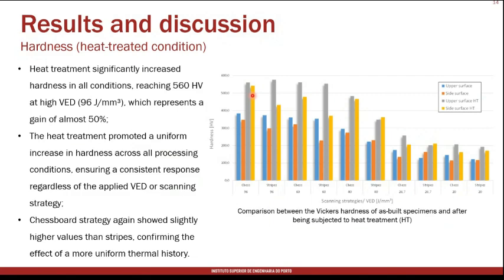Comparing the fastboard strategy with the stripe strategy, we have slightly higher values for the fastboard, which confirms again what we saw in the last slide, that we have a more uniform thermal history in the case of applying fastboard scanning during the fabrication.